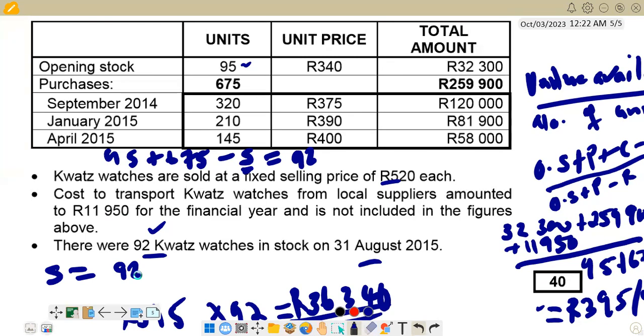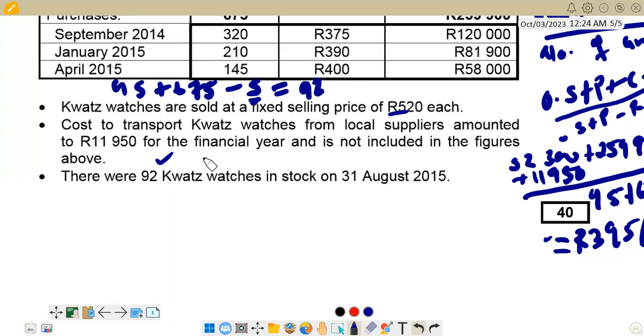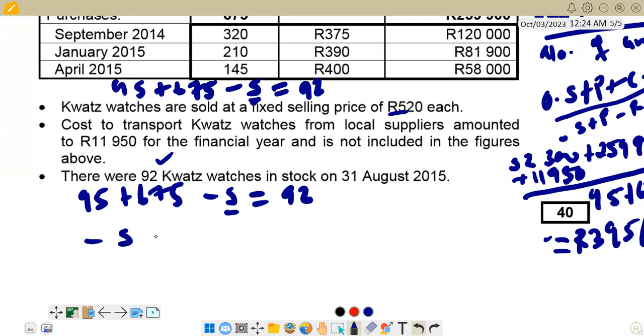We have our formula: 95 plus 675 minus S equals 92. If we make S the subject of the formula, it becomes negative S equals 92 minus 675 minus 95, because when you take these figures to the other side, they change signs.